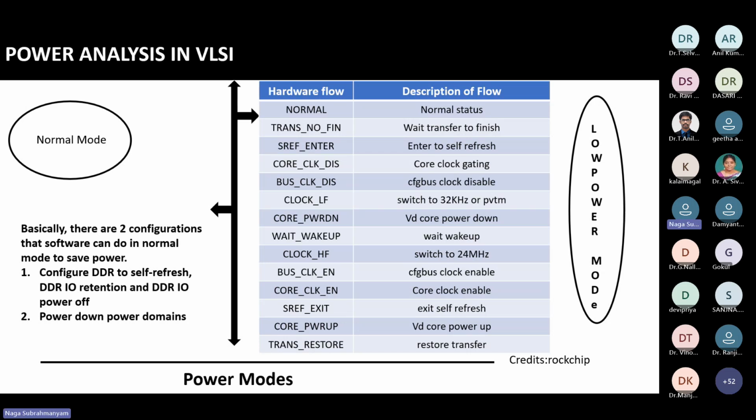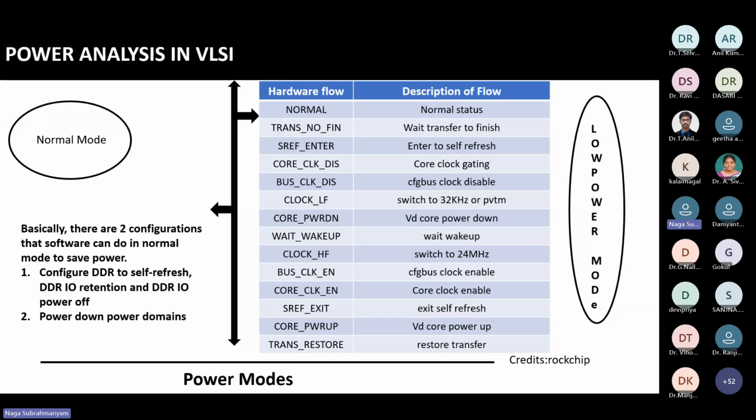Okay, and once the processor is working on different things, we need to get the processor clock. We need to increase the clock frequency from a very low value, 32 kilohertz, and from there it will go to a higher frequency, 24 megahertz.